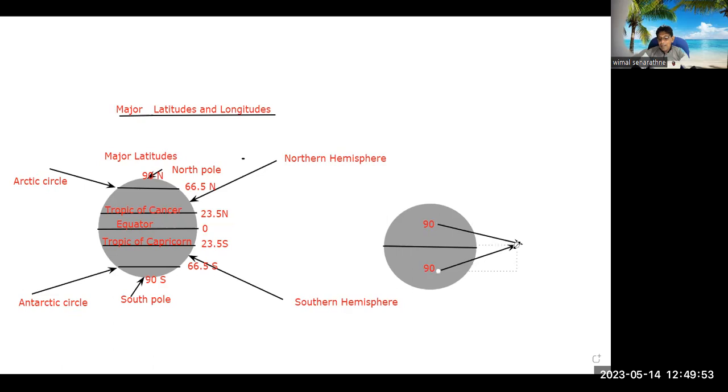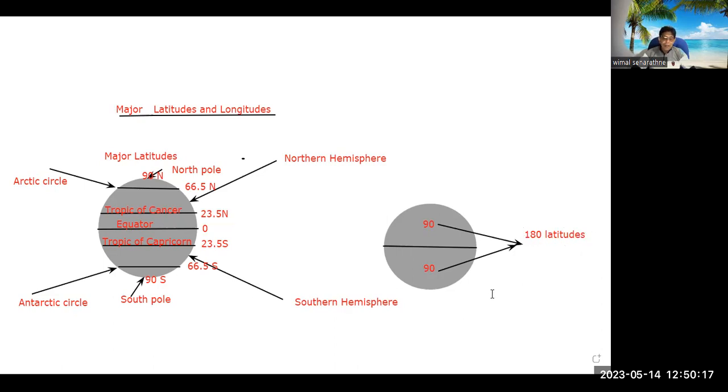If someone asks how many latitudes are found on the model globe, your answer is 180 latitudes. Is it clear?